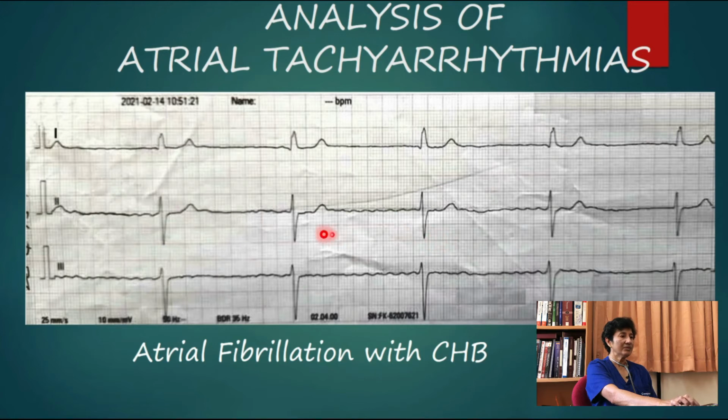There we discussed the escape rhythm which originates from bundle of His. This is the only condition in which ventricular rate becomes regular during atrial fibrillation. That is atrial fibrillation with complete heart block.